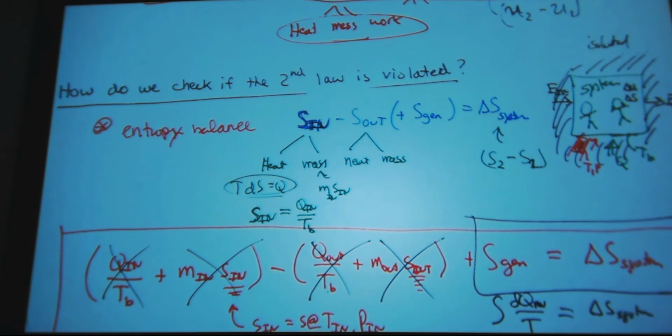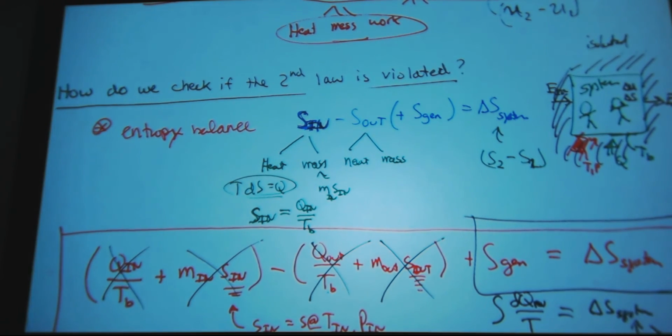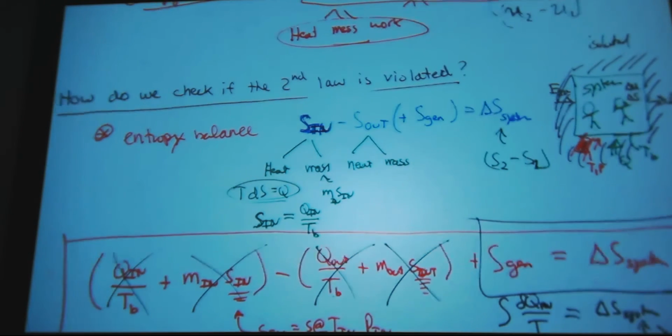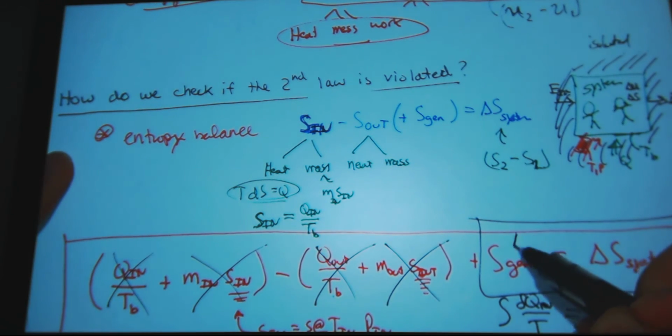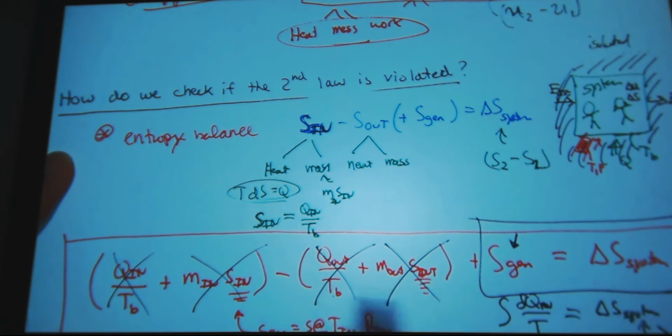And where what has to hold? Where this has to be greater or equal to 0. So that means that the entropy generated, this is an isolated system from energy balance. This is what you memorized. They're the same thing. It's just saying that the entropy generated follows this reversible.